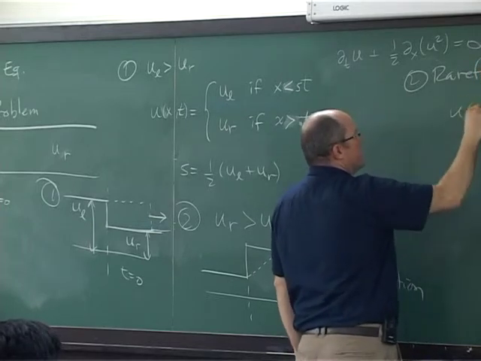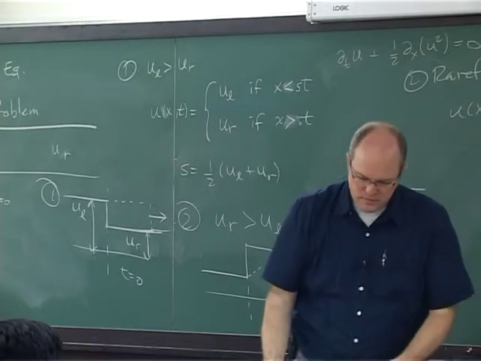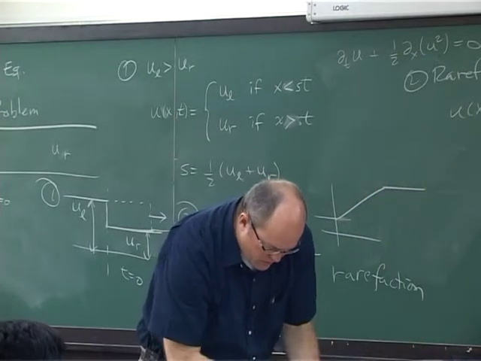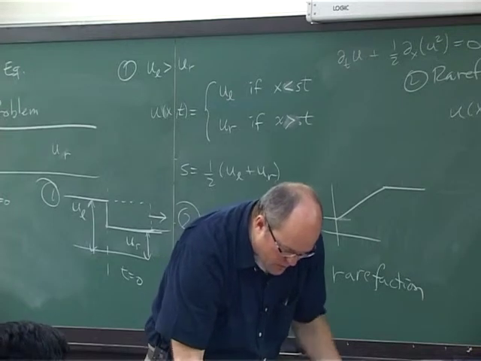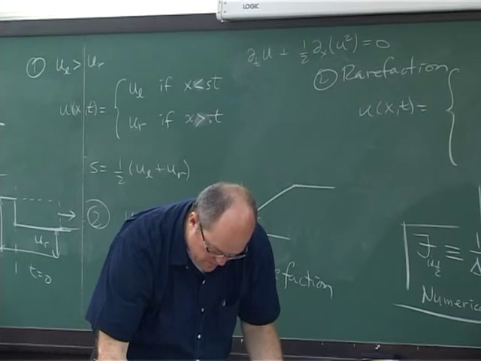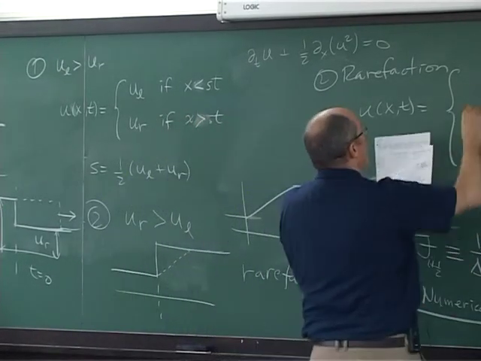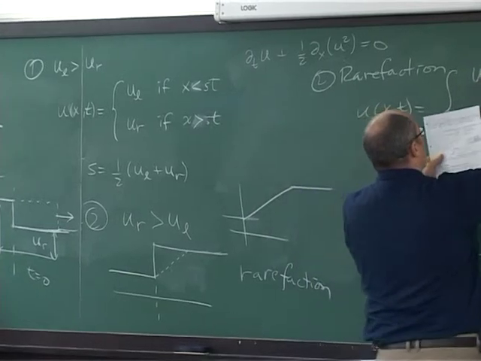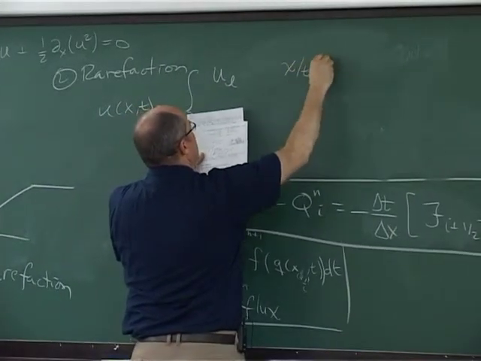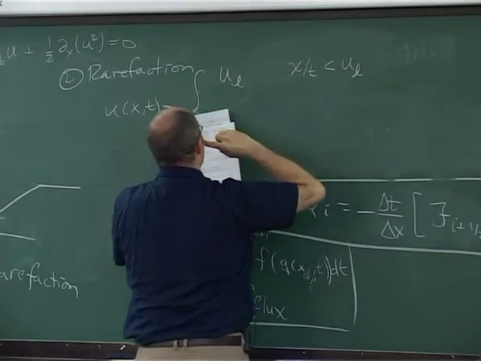And the solution here, for case 2, the rarefaction: the solution u(x,t) is, and here I have to make sure I get these written down right, so I'll look at my notes. It is UL if x over t is less than UL.